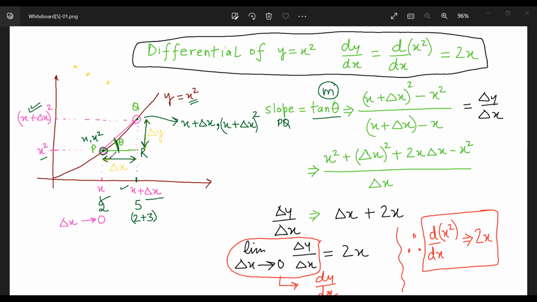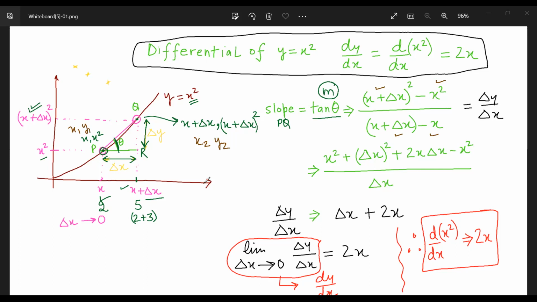Another way of looking at this, if you find this confusing, is that this is my point x2 y2, this is my point x1 y1, and the slope will be equal to y2 minus y1 upon x2 minus x1. Is it making sense?